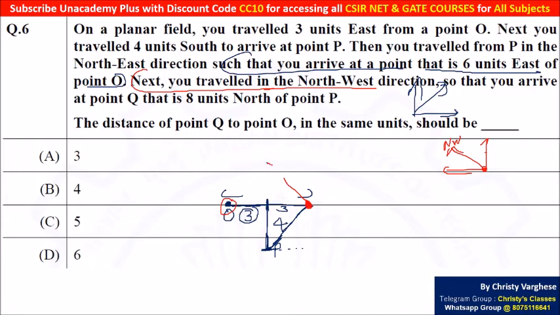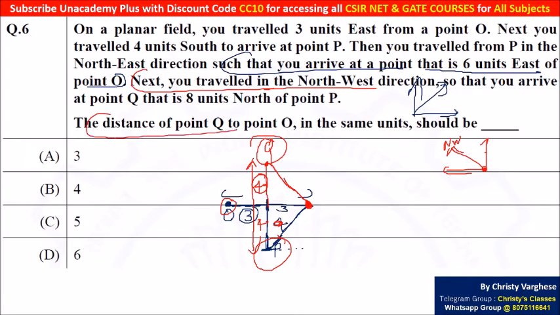Or if I just draw this like this, we can represent it. The question says this is 4. So this also should be 4, so that the PQ distance is 8. PQ distance is 8, that is what the question says. The point Q should be 8 units north of P. That is why I am saying this is 4. Now everything in the question is represented.